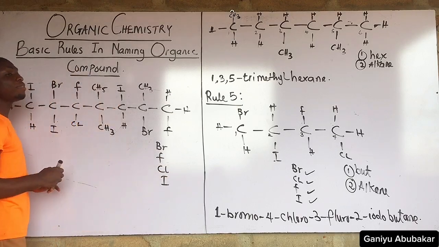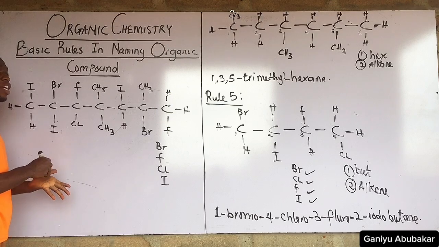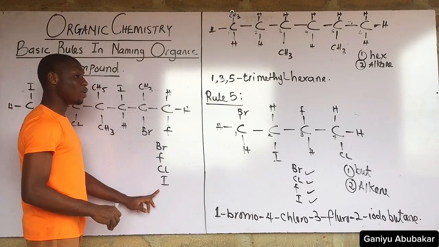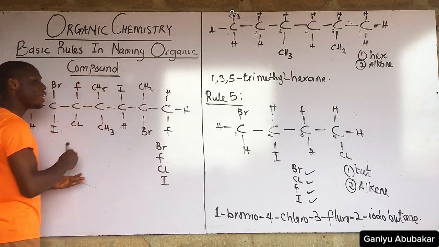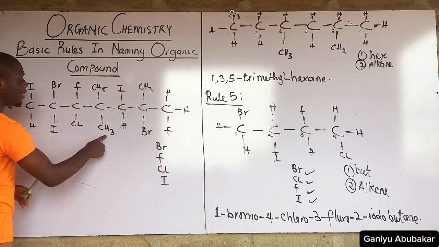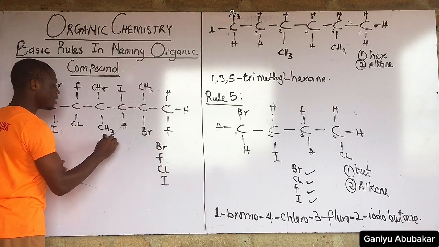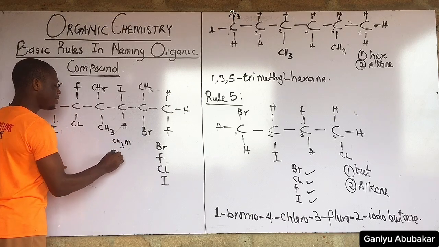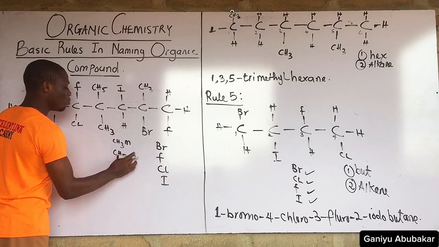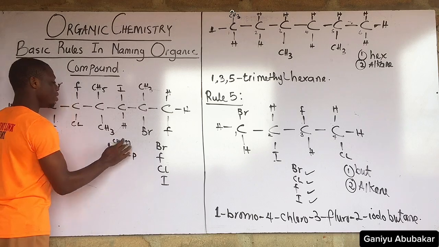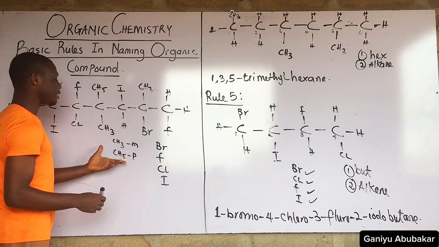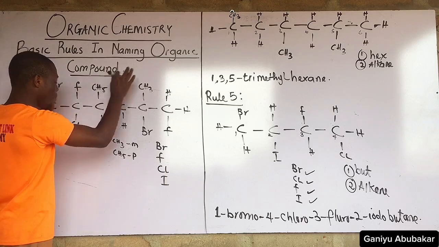We said name them in alphabetical order. For the organic substituents, I have methyl, that's CH3, and propyl. So I have methyl and propyl as my organic substituents in this compound here.